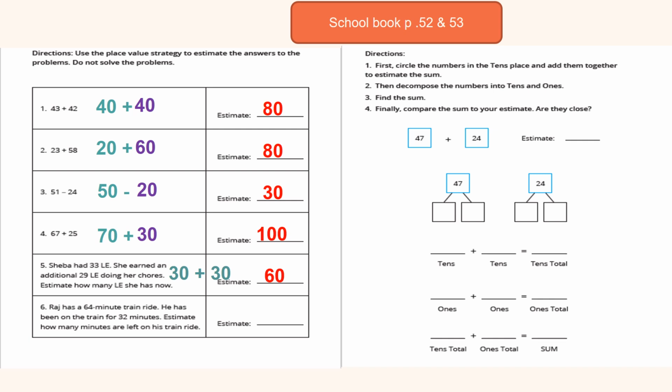Look at ones. Ones is 4, less than 5. So 64, it will be 60. 32, between 30 and 40. Look at ones. Ones is 2. So we will stay in the same door. So 32, it will be 30. 60 minus 30 equals 30.